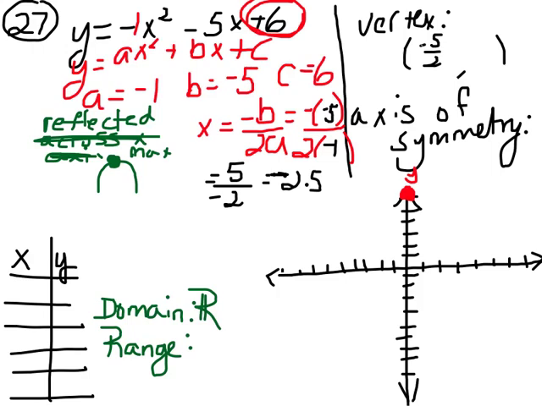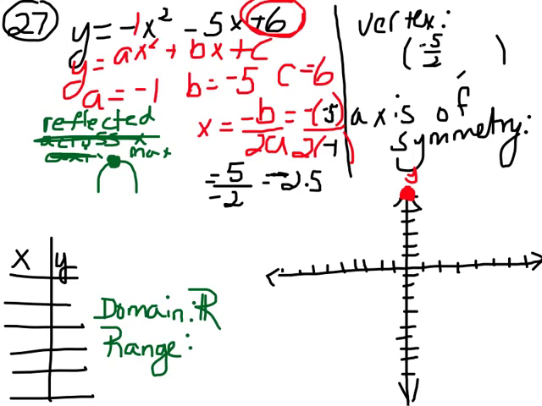And then I can hit second table, and I can get these values. 2.5 is not going to show up because it's in between whole numbers. So if you've got a calculator, you can go to table set, which to get to there you hit the blue button and then the window button on the top row. I can change my calculator and have it count by 0.5 so that 2.5 would show up.